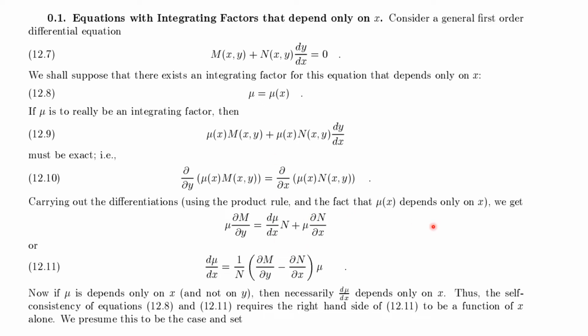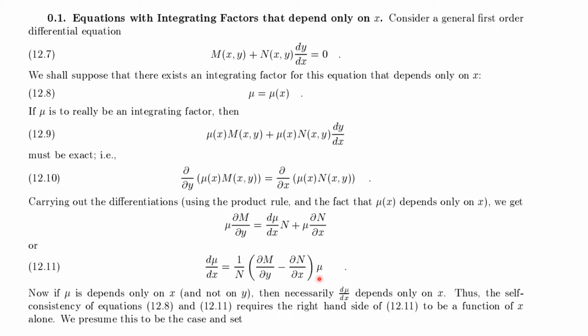So when we take those derivatives, we get mu times the partial of m with respect to y is equal to the partial of mu with respect to x times n plus mu times the partial of n with respect to x. If we reorganize this, solving for d mu dx, we get d mu dx is equal to 1 over n times the difference between the partial of m with respect to y minus the partial of n with respect to x, times mu.